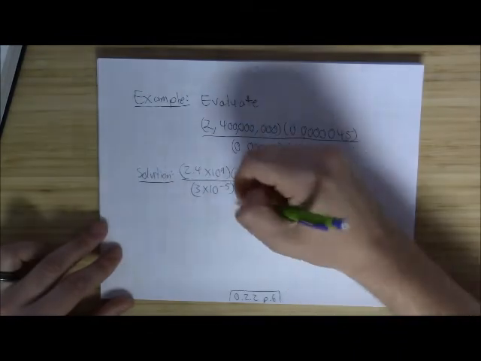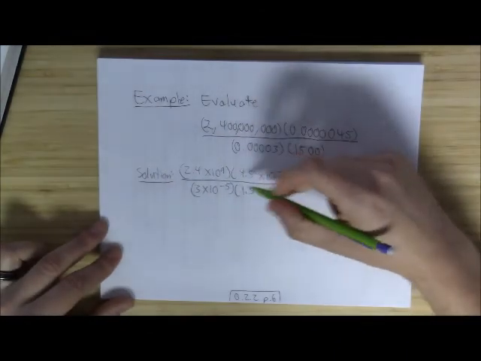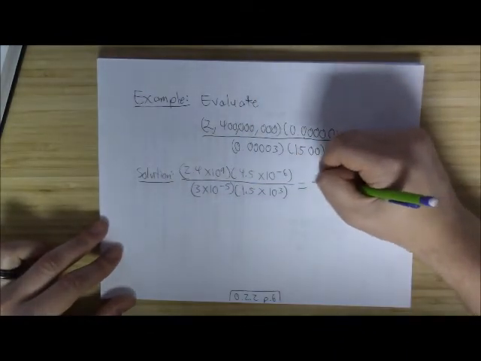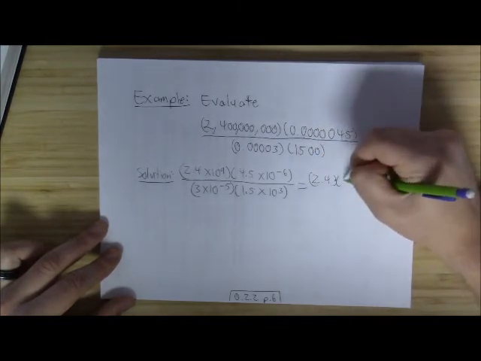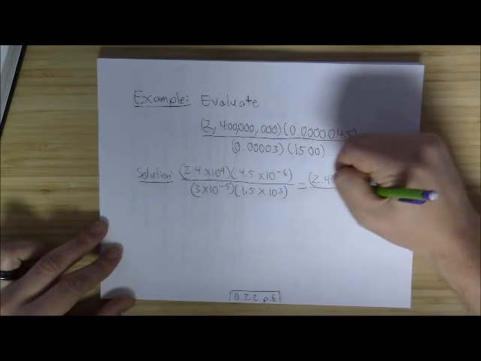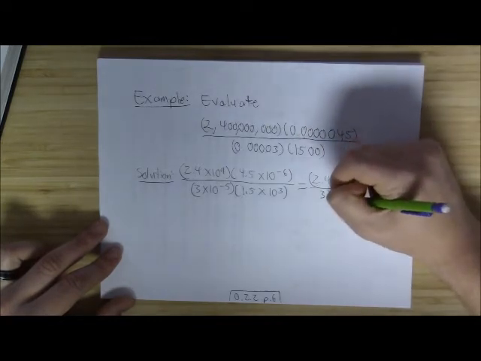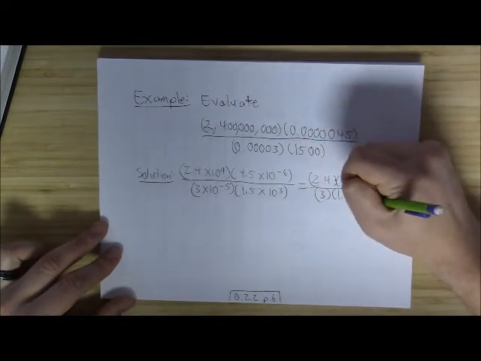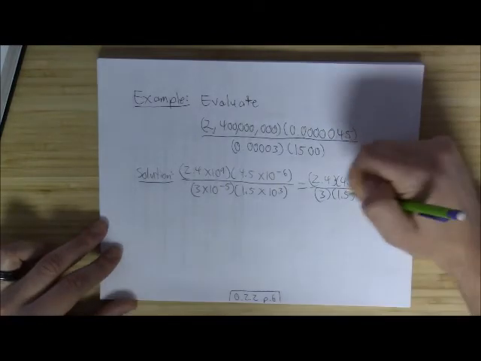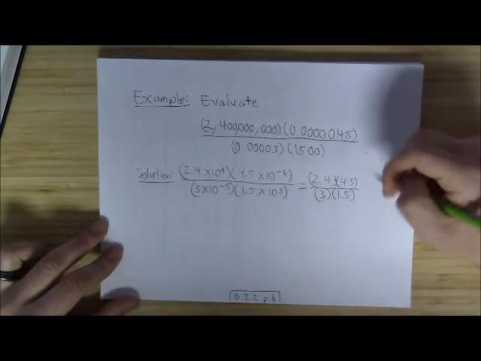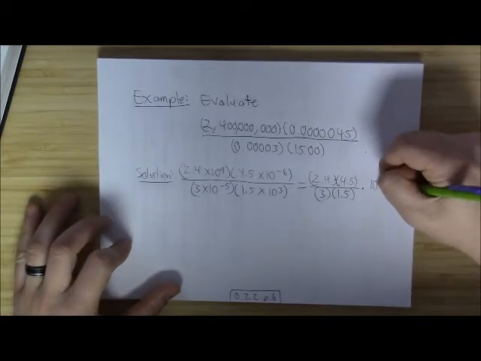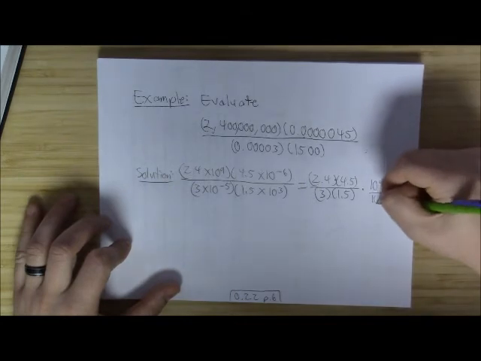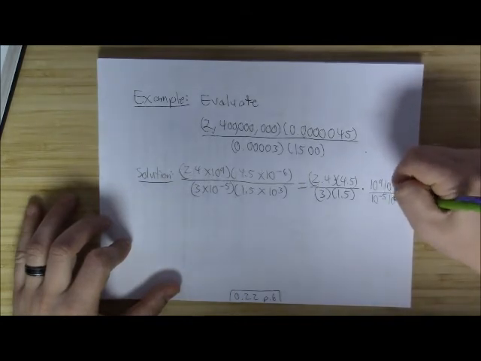And now, all we have to do is combine things in the right way. So this is 2.4 times 4.5 over 3 times 1.5, times 10 to the 9th times 10 to the negative 6th, over 10 to the negative 5th, 10 to the 3rd.